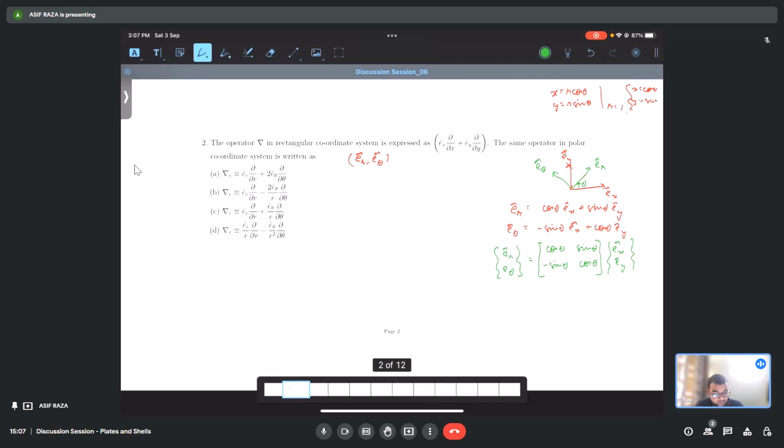When we transpose it, when we take it to the left hand side, we get ex ey as cos theta minus sin theta, cos theta sin theta cos theta, times er e theta.